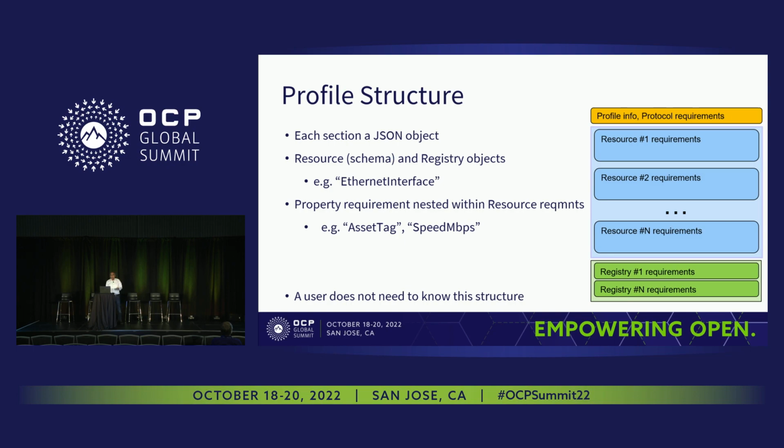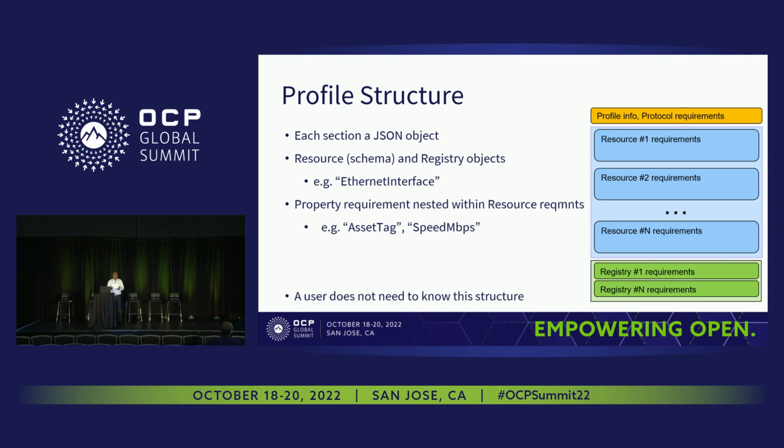As I mentioned, I'm not going to go into the details of this, but you can look at one of the profiles. The general structure of a profile is where it defines all the requirements: what resources need to be exposed, what the actions are, if there are any, and if there are events, then registry-related requirements.